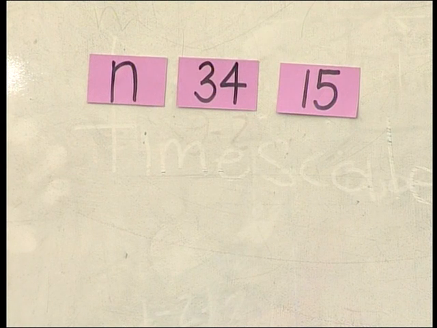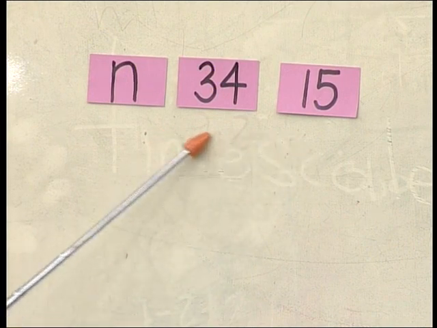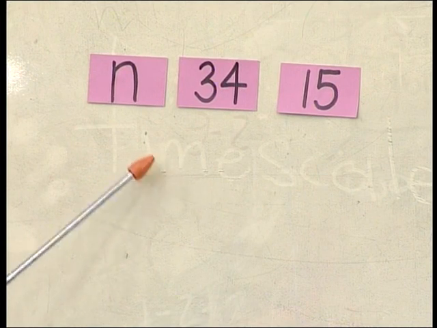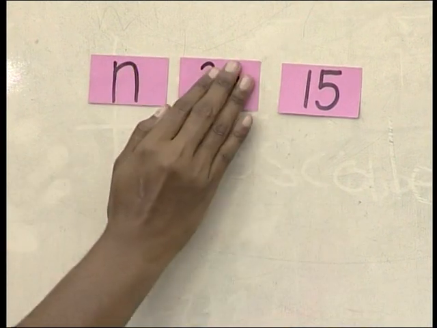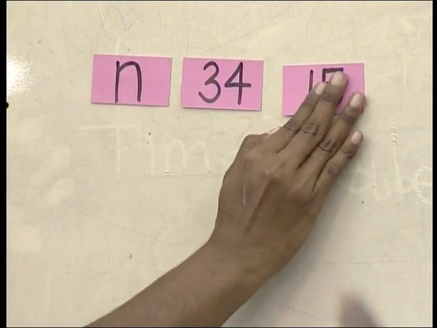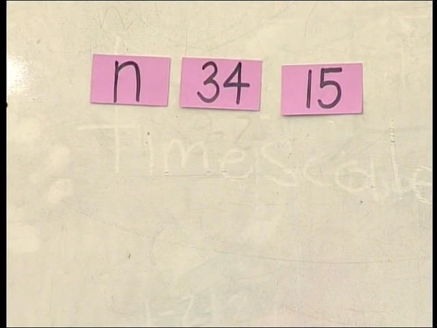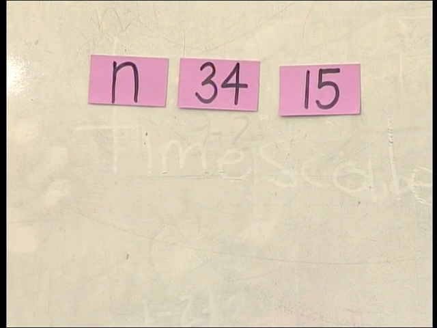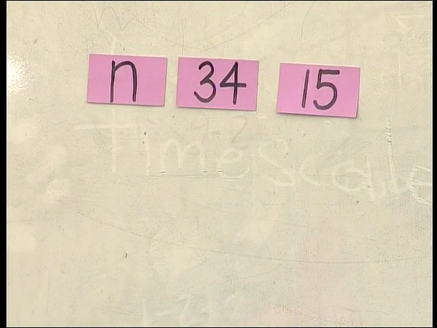Okay, who can tell me what will go in the second line or the second tier? N, 34, and 15. This time I have one letter. Madeline? Receiving students, tell your teacher. N plus 34. All right, N plus 34.